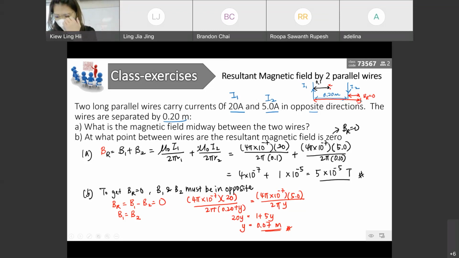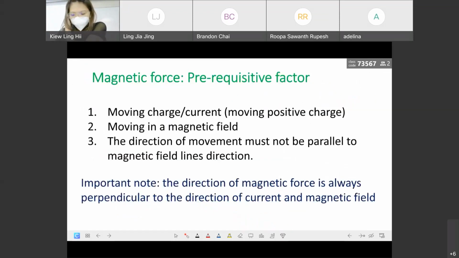Okay, so let's move on to magnetic force. So these are the prerequisites for magnetic force. In order for a wire or a charge to experience force, these three conditions must be met. First one, it must be a moving charge.